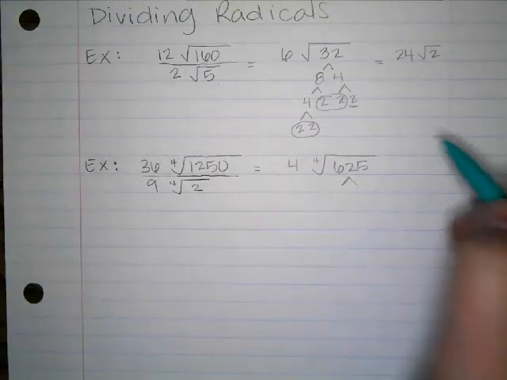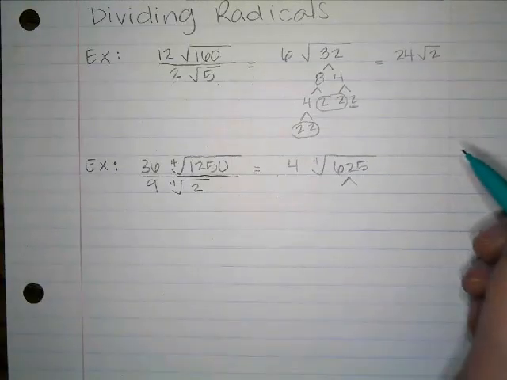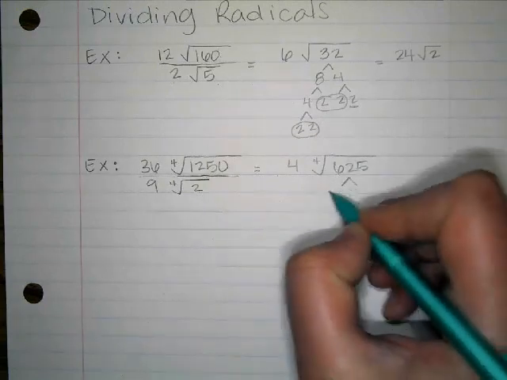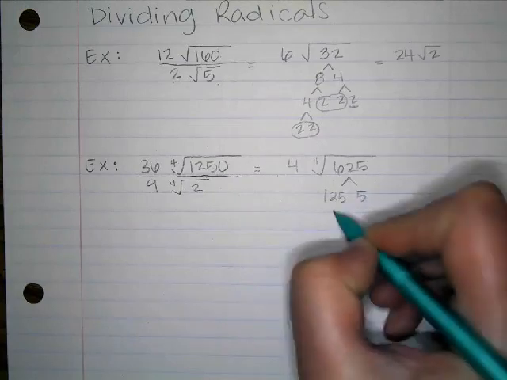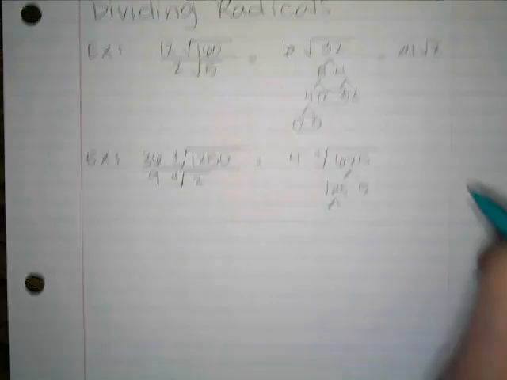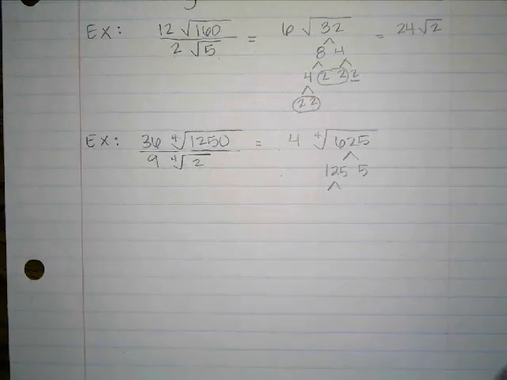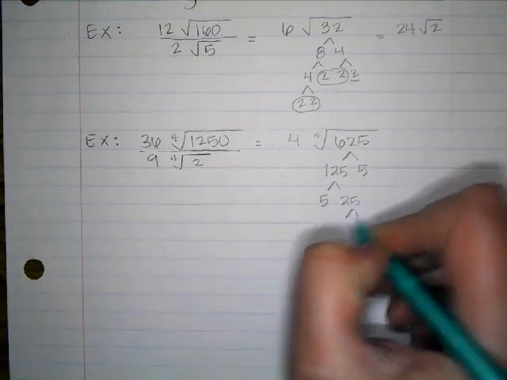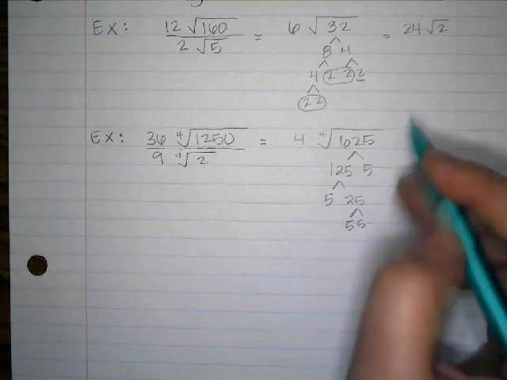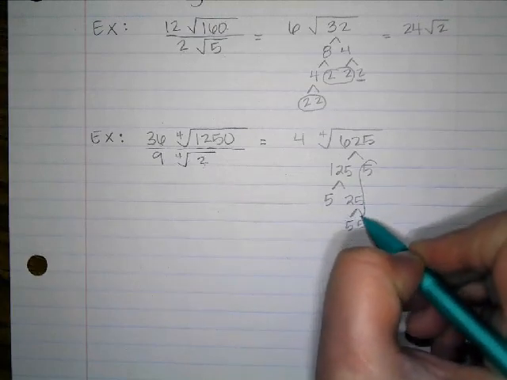Okay, let's break it down. 125 times 5. Okay. 5 and 25. 5 and 5. Ooh. It is a perfect quadruple.